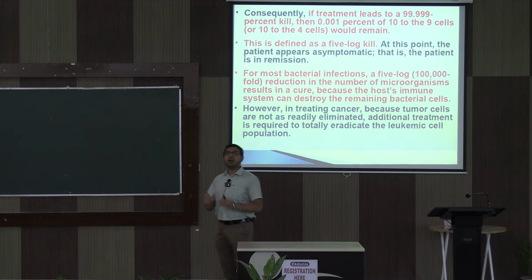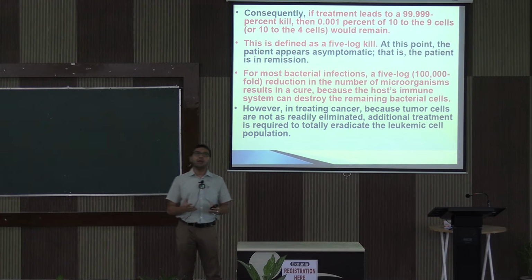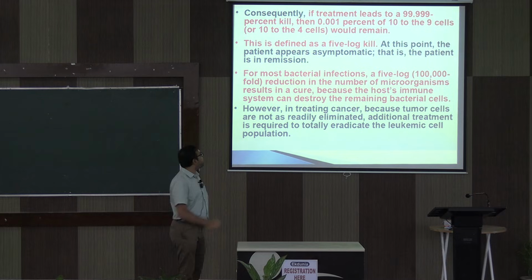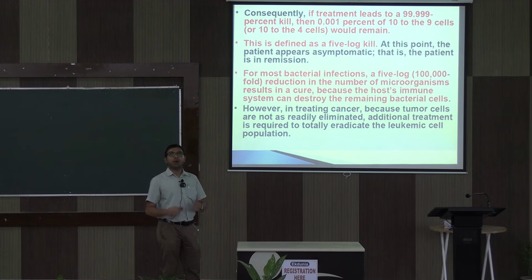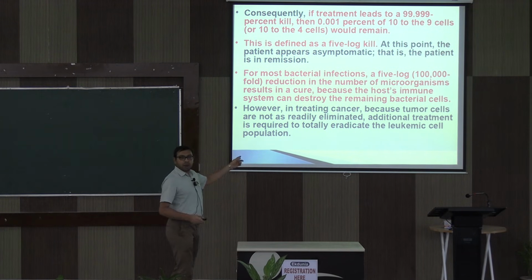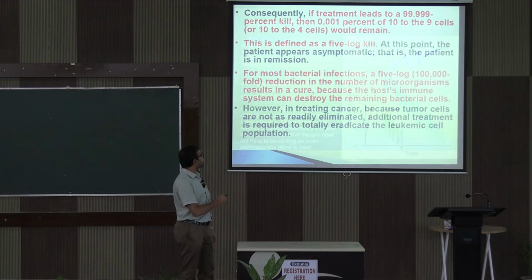But here our immune system is already compromised. That's the problem. So a 5 log kill means 10 to the power 9 becomes 10 to the power 4. Most bacterial infections I have already discussed.